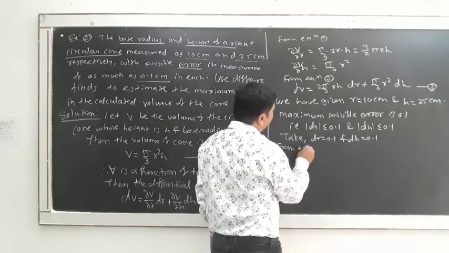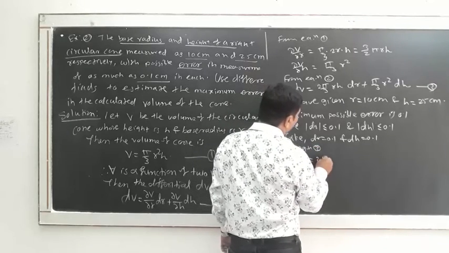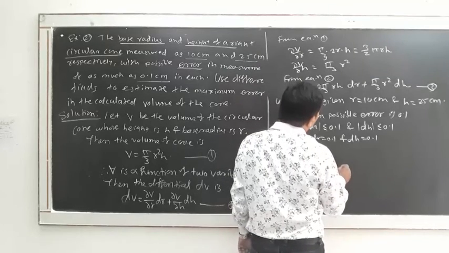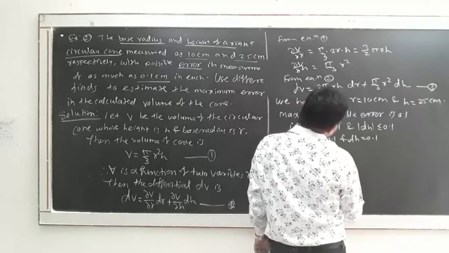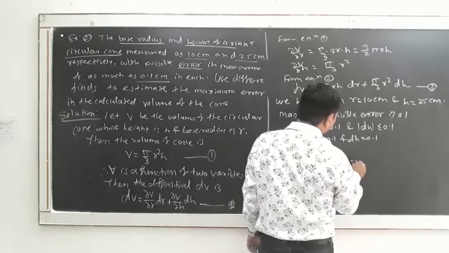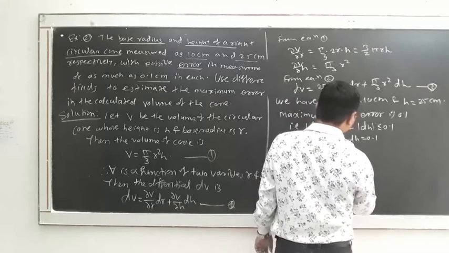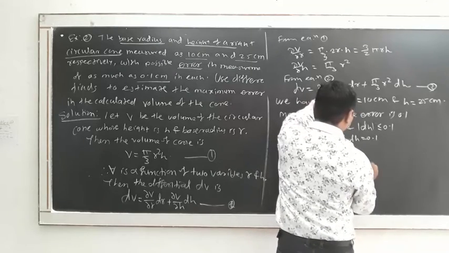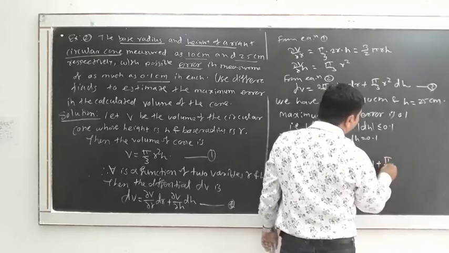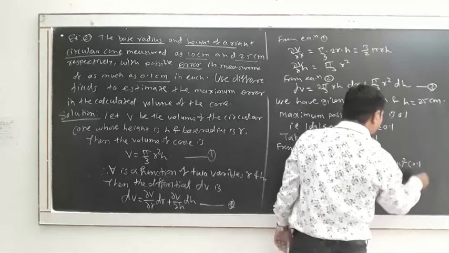From equation 3, dV is equal to 2 pi by 3 into r, which is 10, into h, which is 25, into dr, which is 0.1, plus pi by 3 into 10 square into dh, which is 0.1.